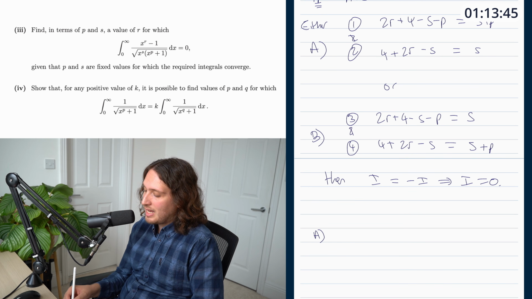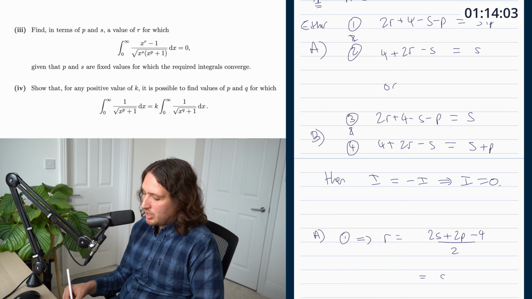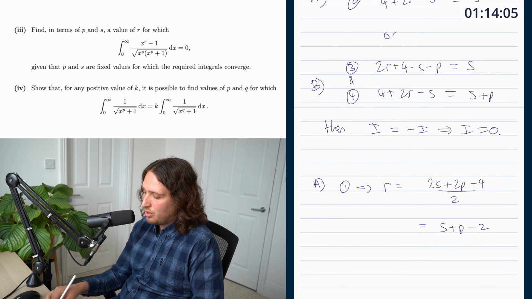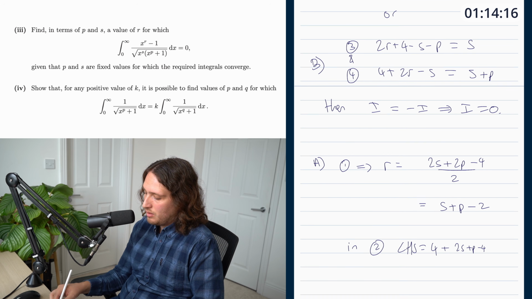So for case A, remember I'm solving for R. So what would I get? Equation 1 would tell me that R is 2S plus 2P minus 4 over 2, which is S plus P minus 2. And then if I plug that in equation 2, the LHS is 4 plus 2S plus P minus 4.